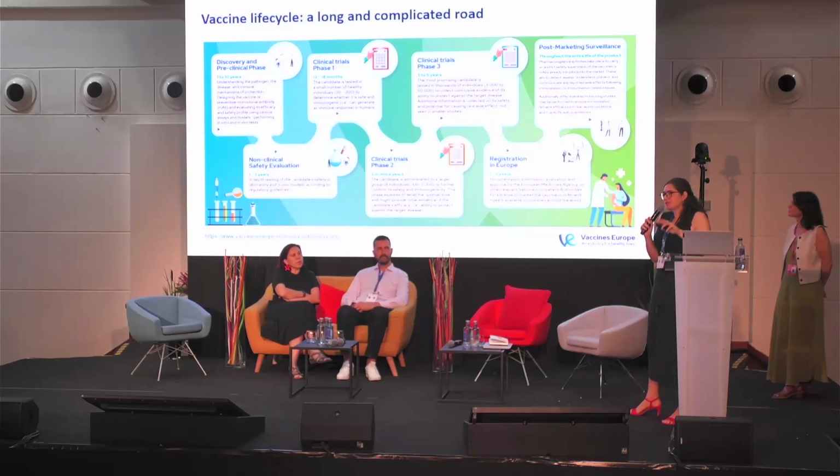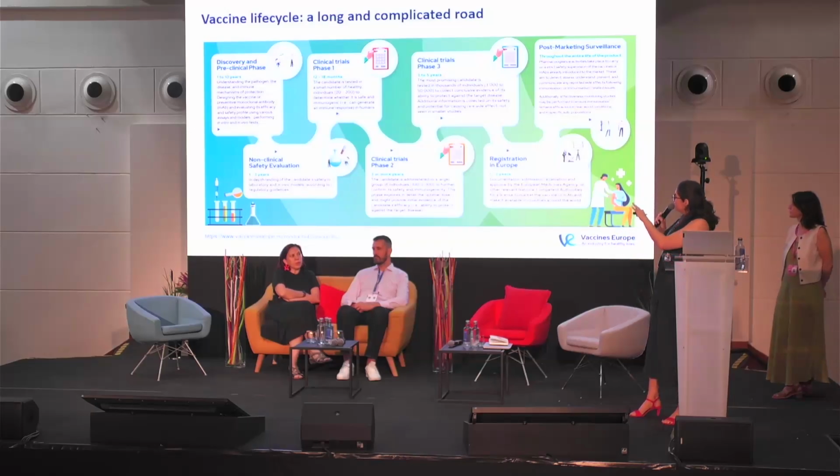And once you've shown safety at that level, then you can go into humans, and that's your phase 1. Phase 1 is a year and a half, sometimes a little bit more, in 20 to 200 subjects. And the main objective is to show it's safe in humans and to start measuring the immune response you have after vaccination.